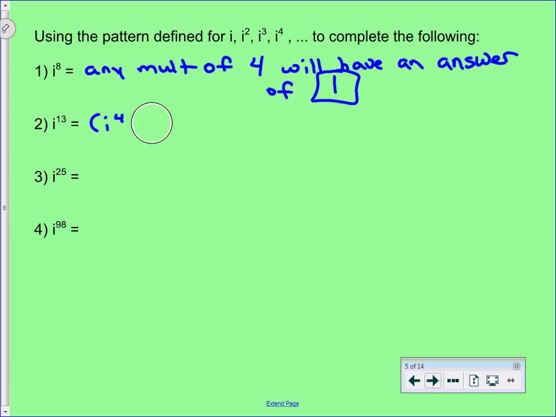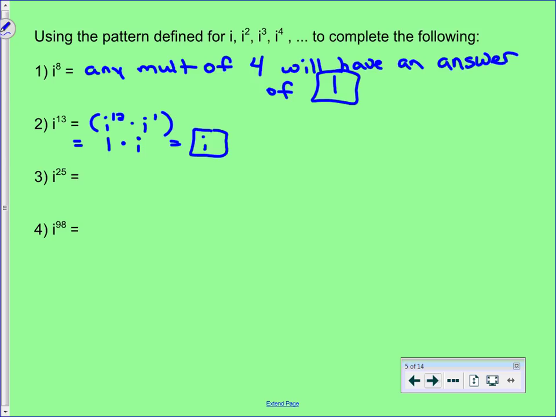But that's a whole lot of work. If we recognize that multiple of 4, we could easily say I have an i to the 12th times an i to the first. We know that the i to the 12th is just going to be a 1, and then our i to the first is just a regular i for our final answer of just a regular i.